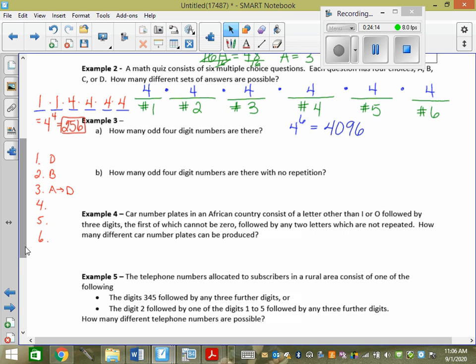So in order to know if something is odd, the last digit has to be odd. That's it. Did it matter what I said before that in that big long spiel? No, it didn't matter. So if it says odd, that indirectly tells you that the last digit must be odd. So when it says odd, I know the last digit in that 4-digit number has to be odd.